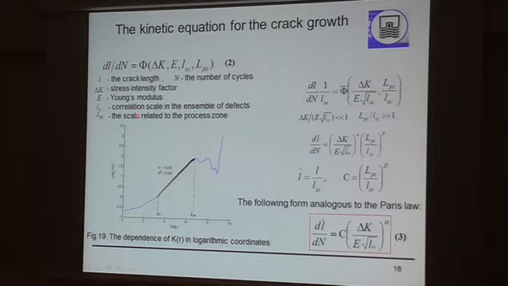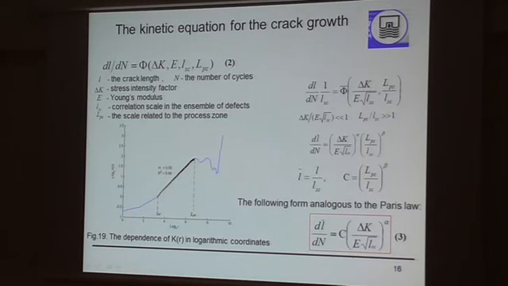The crack growth dl is a function phi of delta K, the stress intensity factor, E, Young's modulus, L_SC, the correlation scale in the ensemble of defects, its correlation length L min, and L_PZ, the scale related to the process zone, correlation length L max.